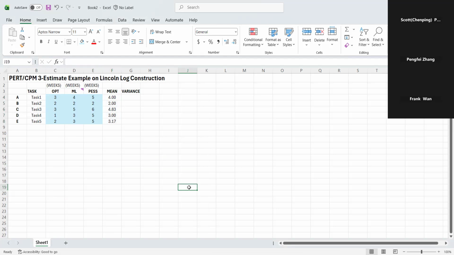And variance uses a different formula. It's pessimistic subtract optimistic, and raise the power of 2. And here you divide it by 6.